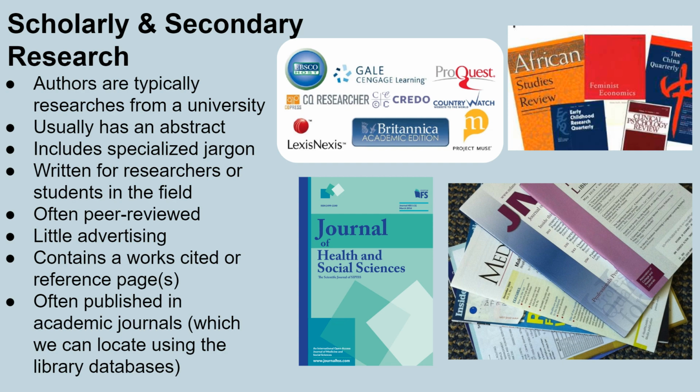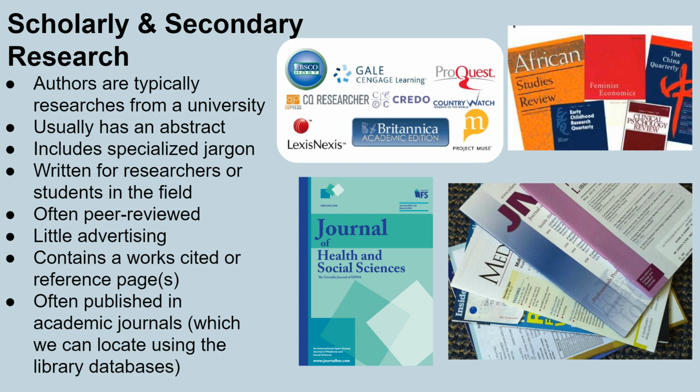But generally speaking, know that scholarly research is typically written by researchers from a university, right? Those are the authors. It usually has an abstract or a summary at the beginning. Often it's going to use jargon, meaning kind of specialized language. It's going to be written for researchers or students or teachers in a particular field, so the intended audience isn't the general population, but rather a particular field or discipline of study.